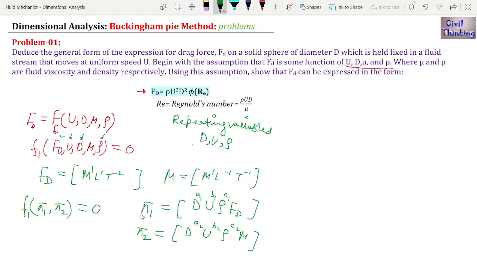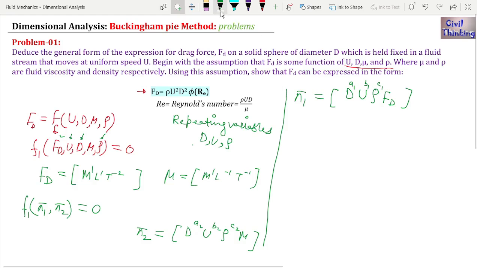Now we know pi 1 and pi 2 are constants, meaning they don't have units. When I talk about pi 1, it is m0 l0 t0 equal to, now what are the units of d?